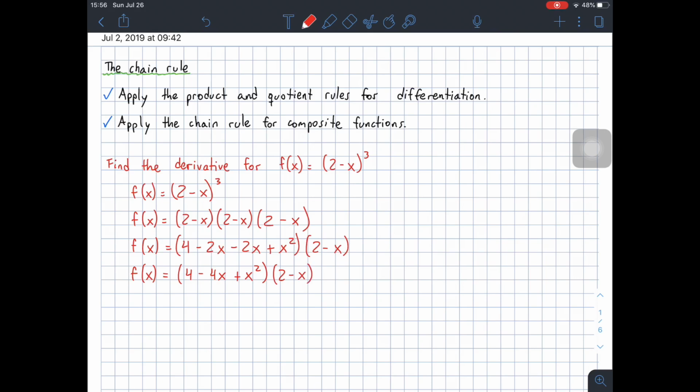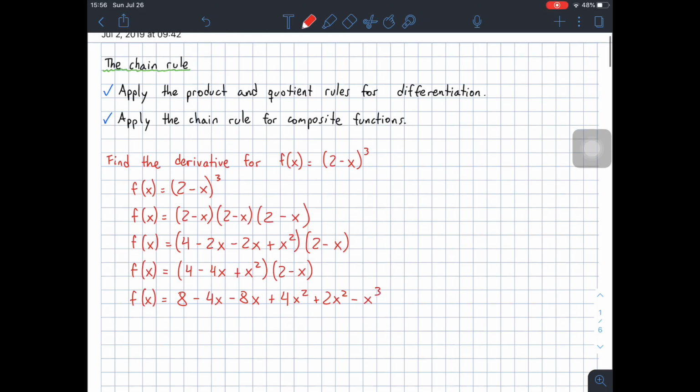Now that I have this, I can do FOIL again, right? This time this, this time this, and so on. Okay, so I will have 6 terms in total. So this would be equal to 8 minus 4x minus 8x plus 4x squared. Then we have plus 2x squared minus x cubed.